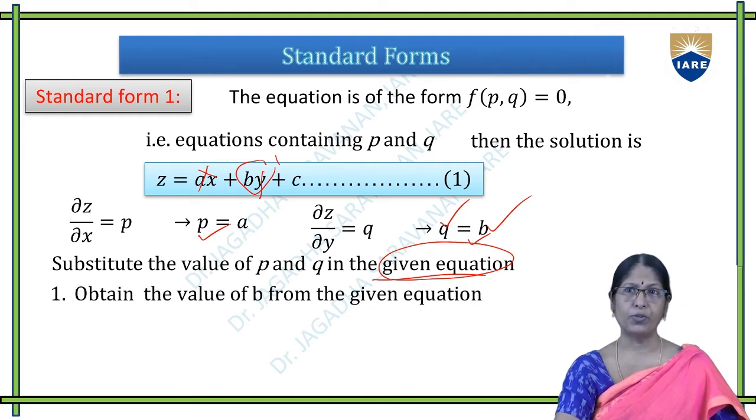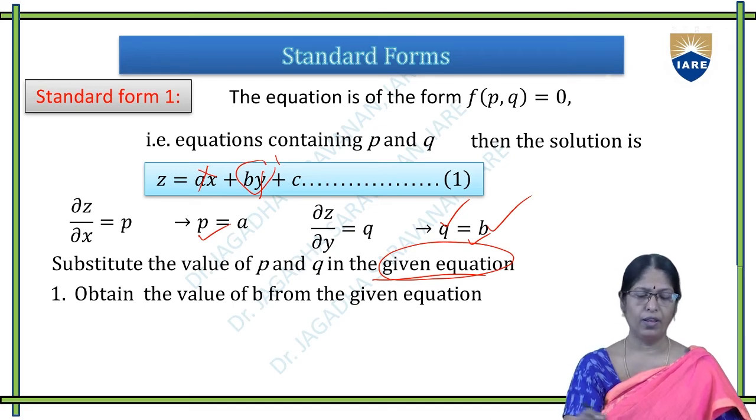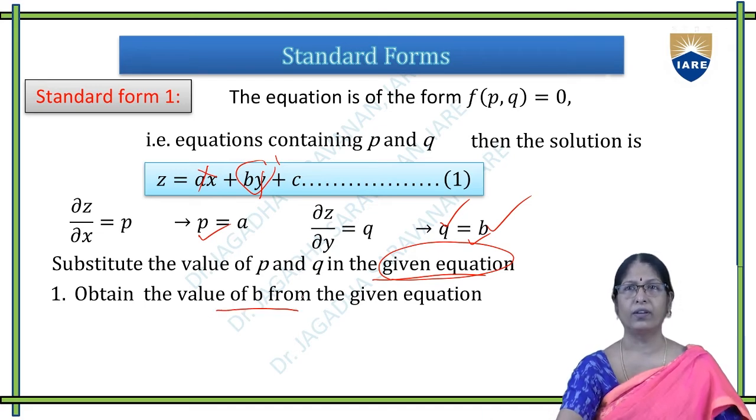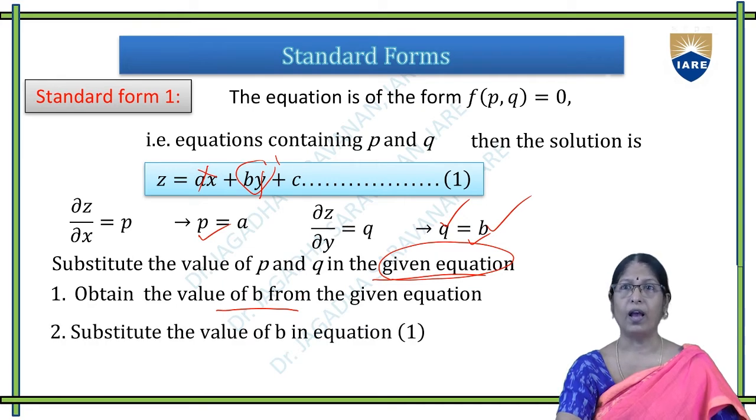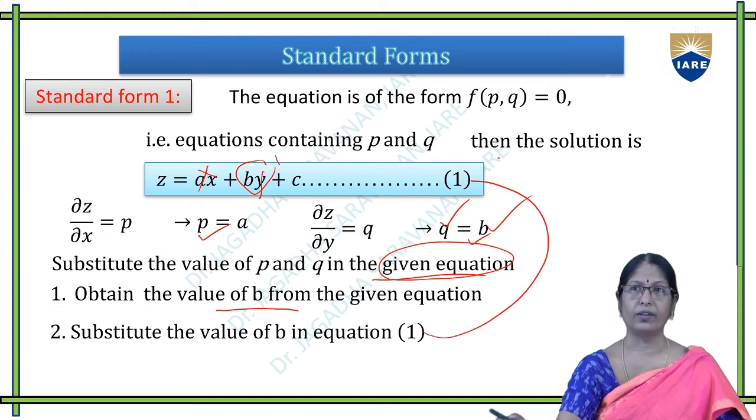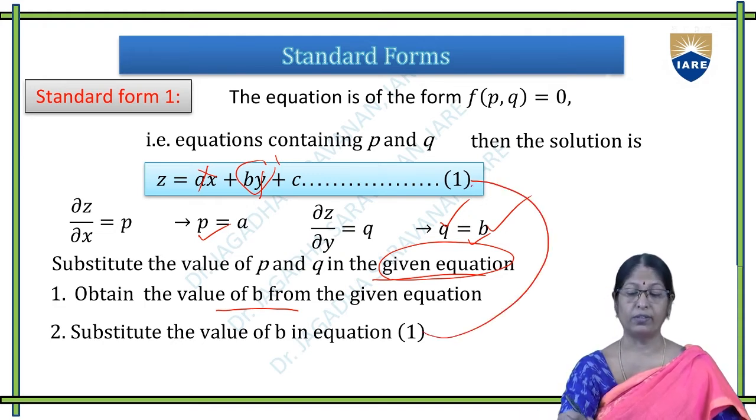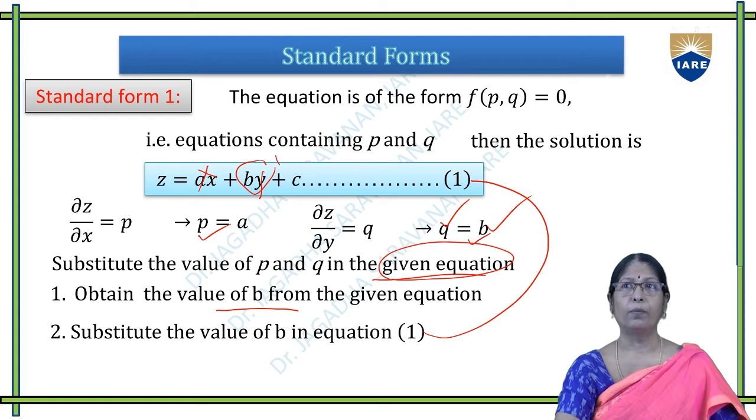After substituting the p and q values in the given equation, we can extract the value of b. After obtaining the value of b, that should be substituted in the general solution of our given equation, which is in the format of p and q. So this is completely standard form 1.